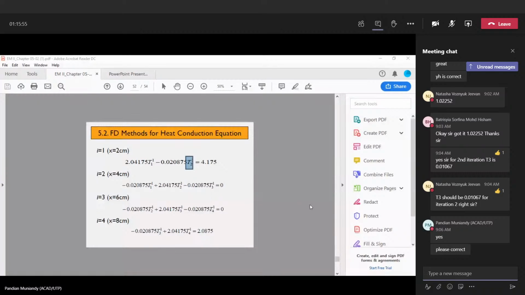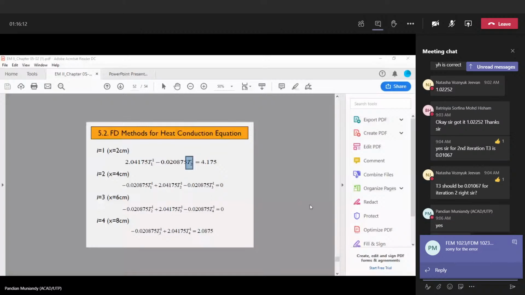Sorry, yeah? Calculate again, class. 2.0875 plus 0.020875 multiplied by 0.01067 divided by 2.04175.